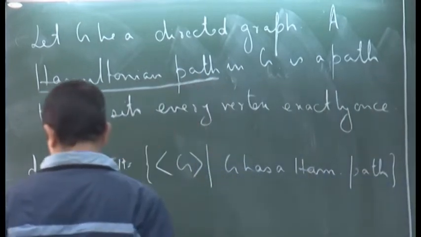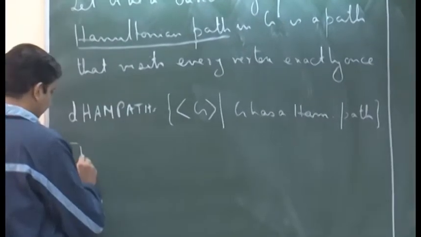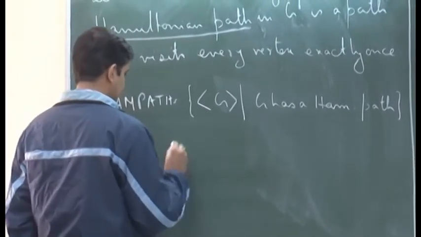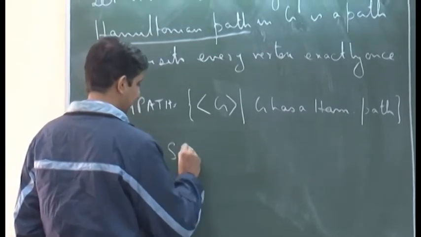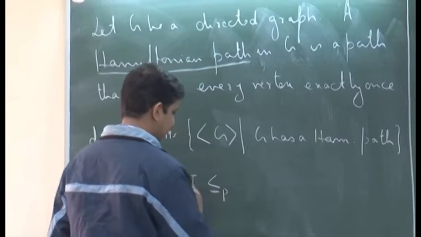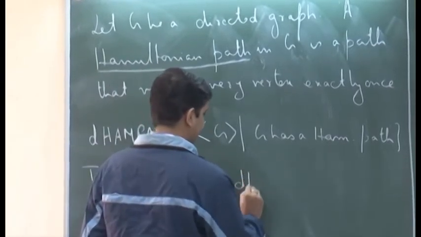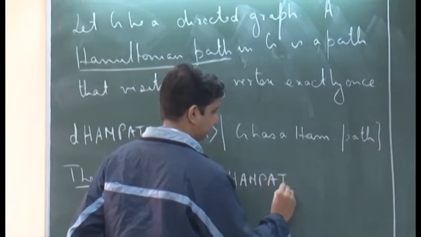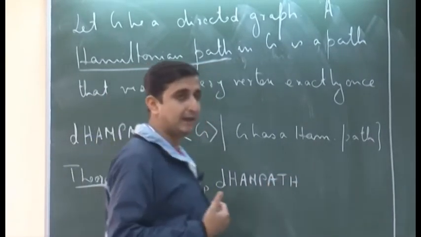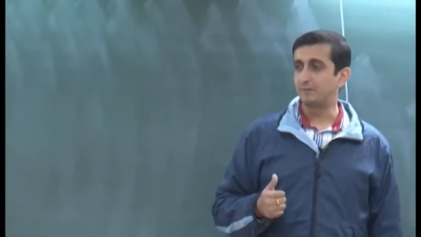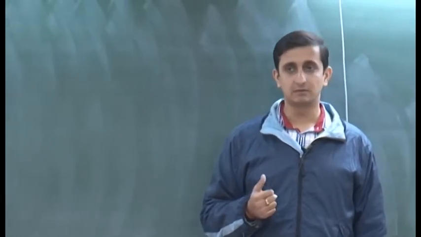Okay. So, what we will show is SAT reduces to this problem. Okay. So, is this problem in NP first of all? How many of you think it is in NP?